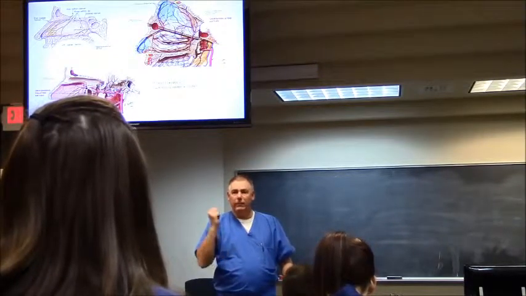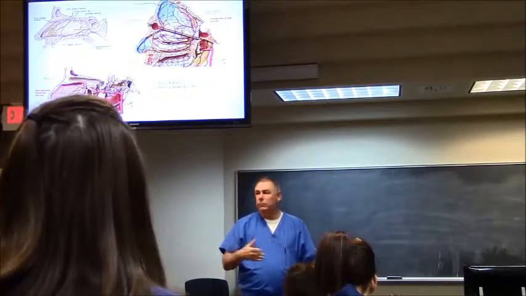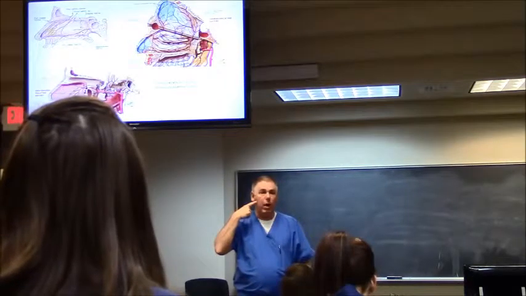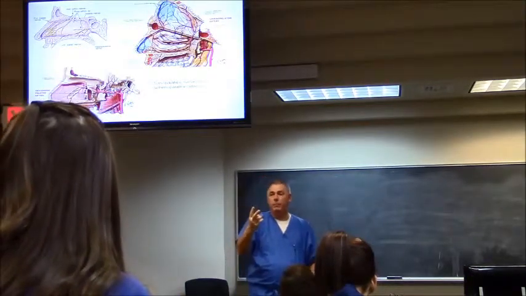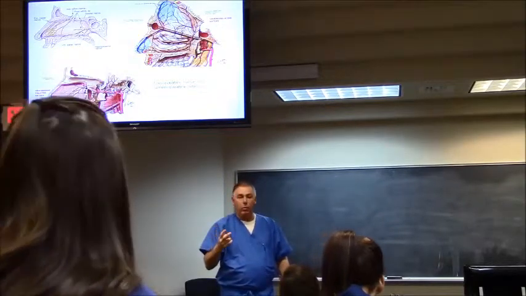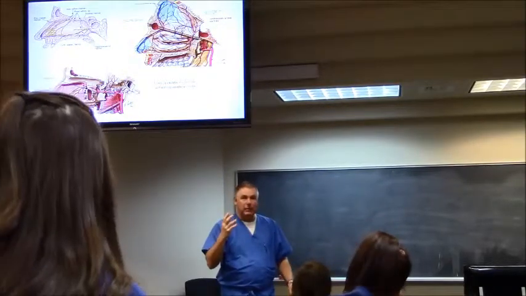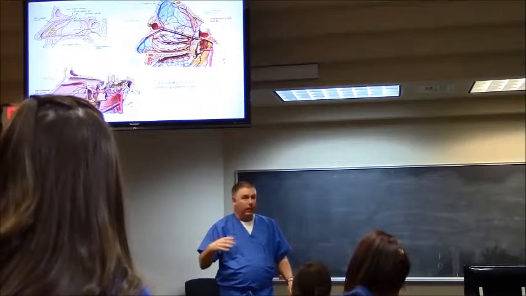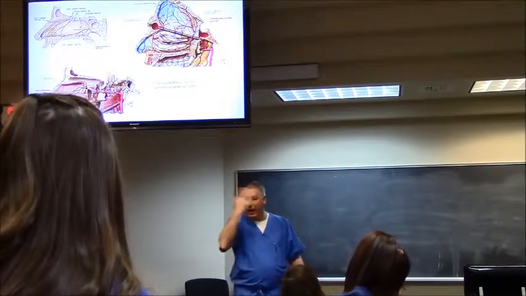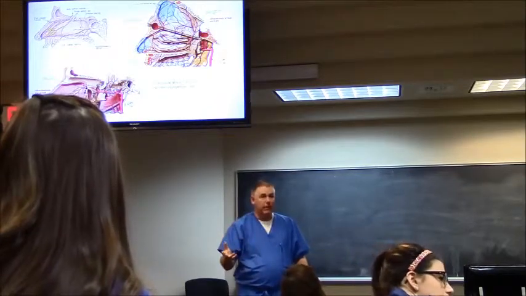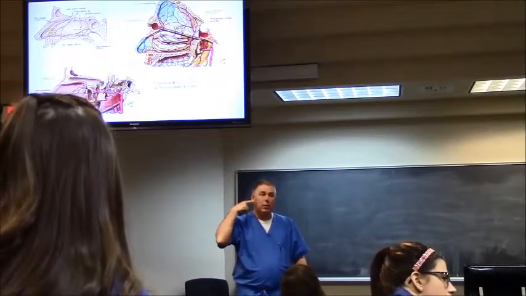The facial. 7, yeah, the 7. 7 gets everything except the parotid gland, and that's 9. So there are 2 things you can almost take to the bank. One is whenever we talk about sensation, it's 5. Whenever we talk about visceral efferents, the motor supply to glands of the head, it's 7, except for the glossopharyngeal.